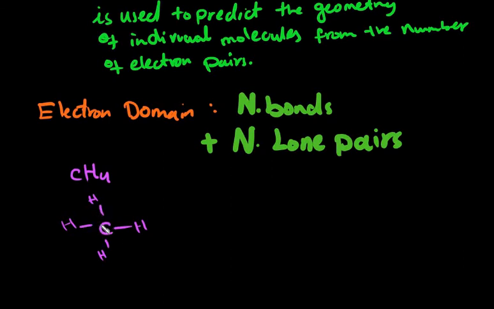So this is methane, CH4. What does the VSEPR model tell us here? This shape has an angle of 109.5. So what is the shape of this methane?